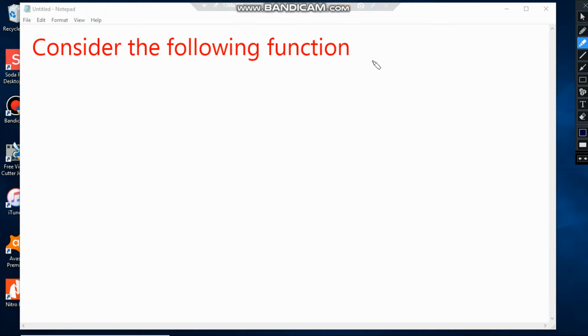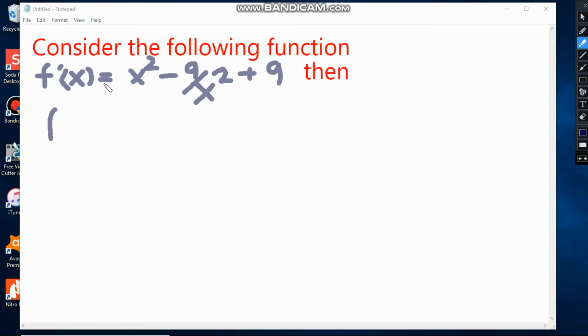Consider the following function. The first derivative of the function f of x is equal to x squared minus 9 over x squared plus 9. Then I can obtain the original function from its first derivative by applying the integral.